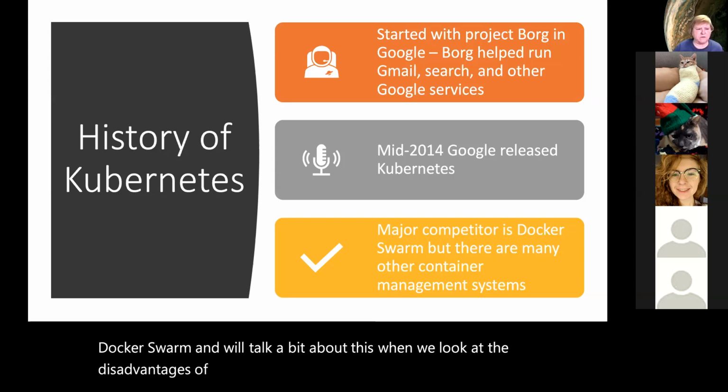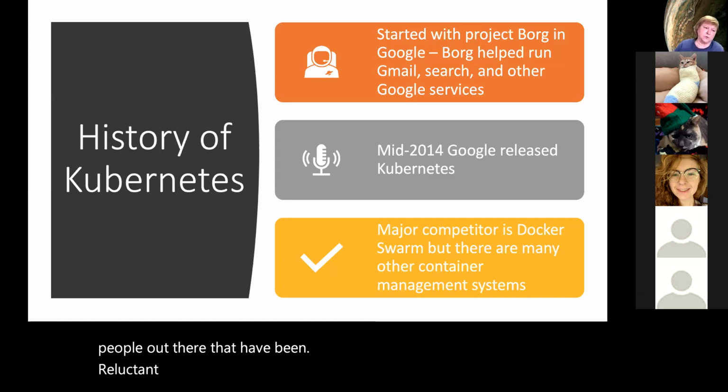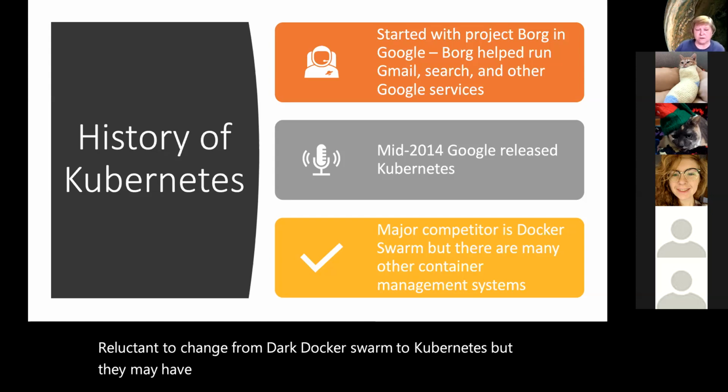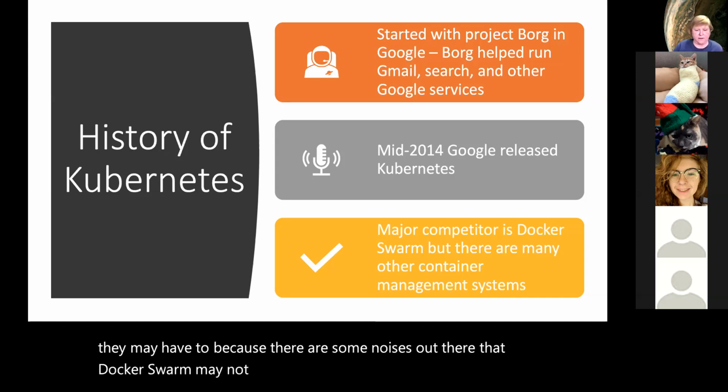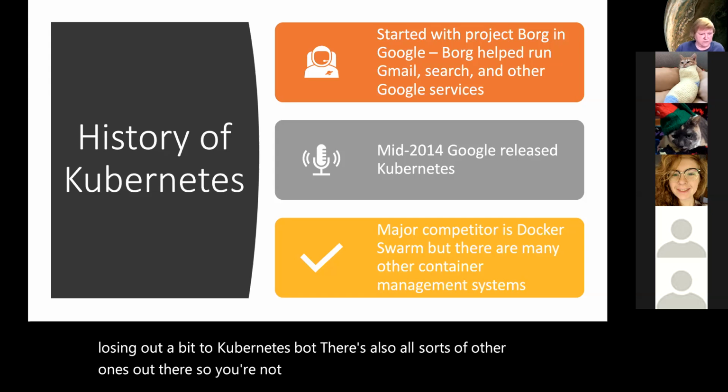Many people have been reluctant to change from Docker Swarm to Kubernetes, but they may have to, because there are noises out there that Docker Swarm may not be with us forever. They seem to be losing out a bit to Kubernetes, but there are also all sorts of other ones, so you're not limited to just this way of managing things.